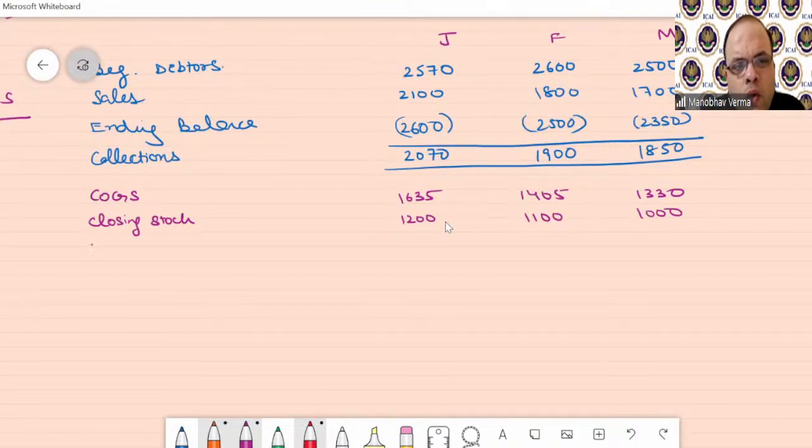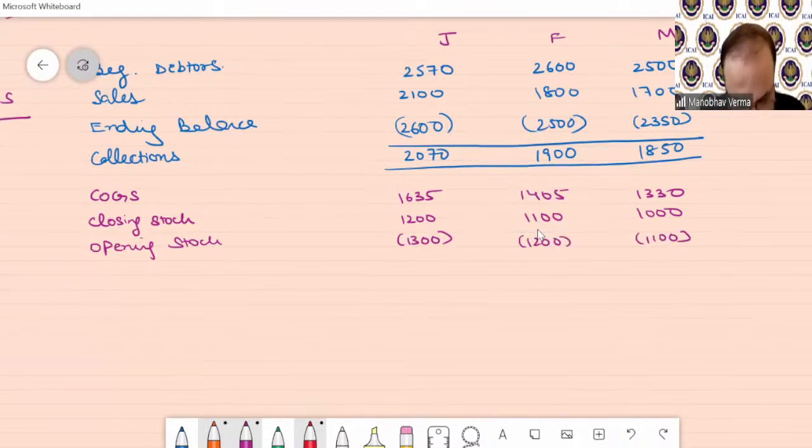And the opening stock has to be reduced from this. $1,300, $1,200 and $1,100.